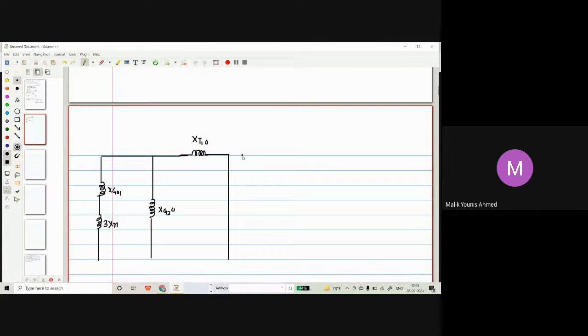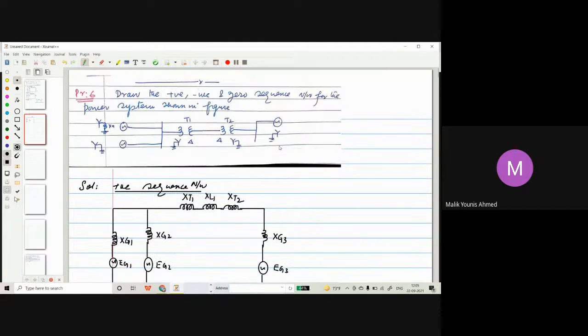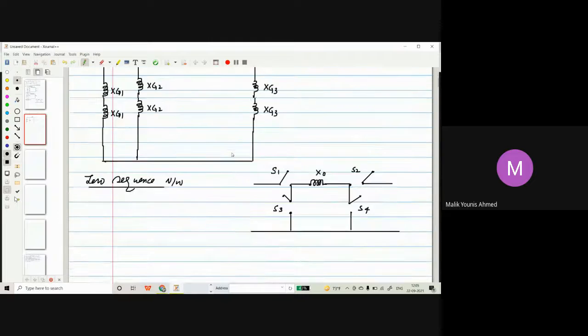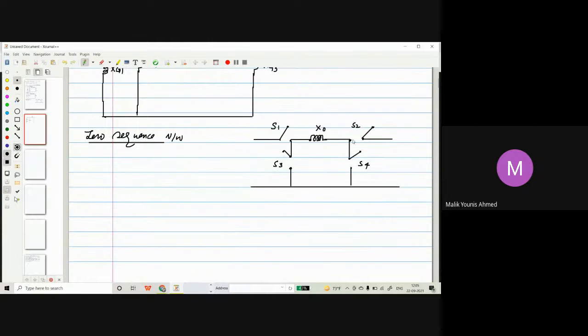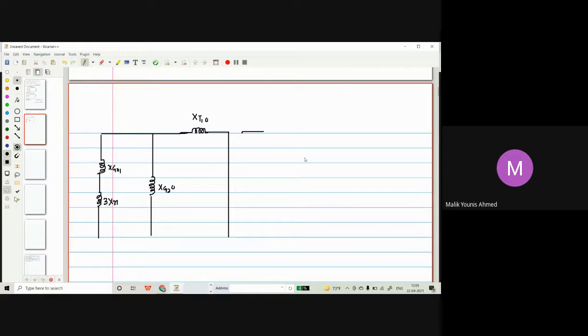Now next is transformer T2. In transformer T2, what's going to happen? Let us see the type of winding we have. The transformer has delta, so the series switch again will be opened and shunt switches will be closed. So series switches will be opened, that means this switch will be opened. Shunt switch we are going to close, because the series switch will be open. So that's what we will be doing here.